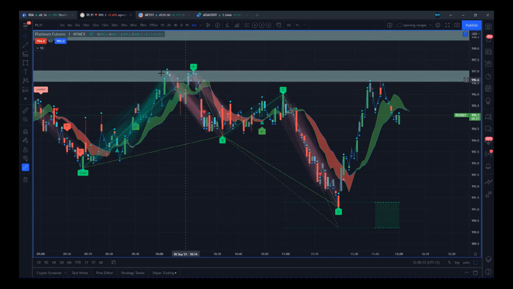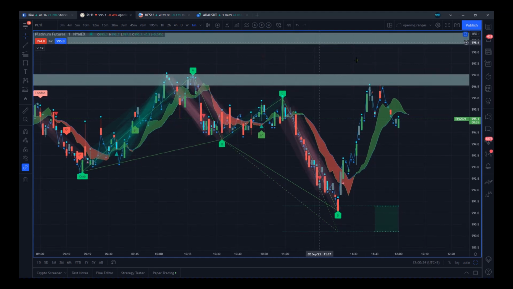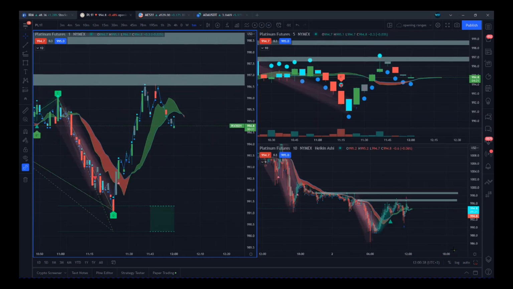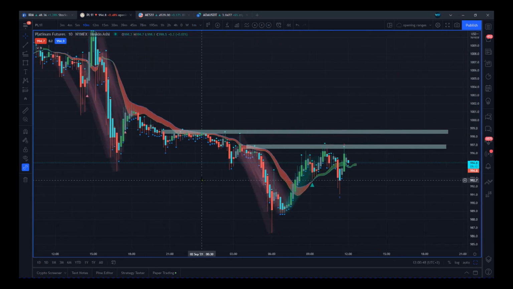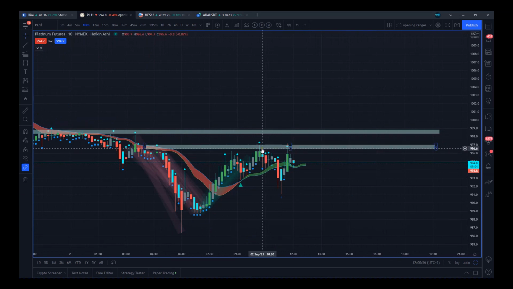One of the things I want to really talk about is these two resistance zones up here that I took. If we're scalping off the 1 minute, only go up to the 5 minutes or the 10 minute. So I went to the 10 minute here, and I looked left. What's been happening? Recently we had a test at these highs, and then we had another little pivot here, so that solidified a short-term resistance zone.